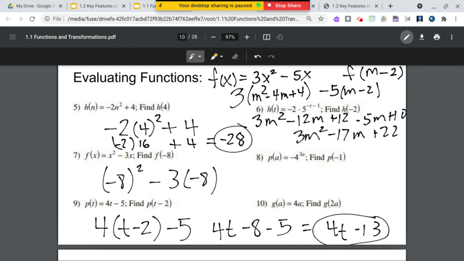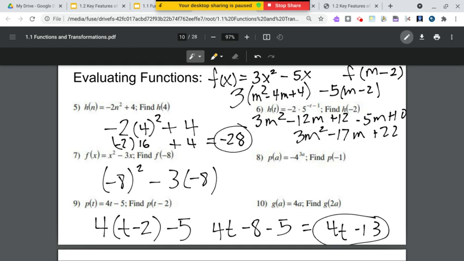Do you have to do m minus 2 squared, like in parentheses? Yes. So you want to do m minus 2 times m minus 2 first, which is essentially foiling. Then combine like terms, distribute the 3, then distribute the -5 and combine like terms.